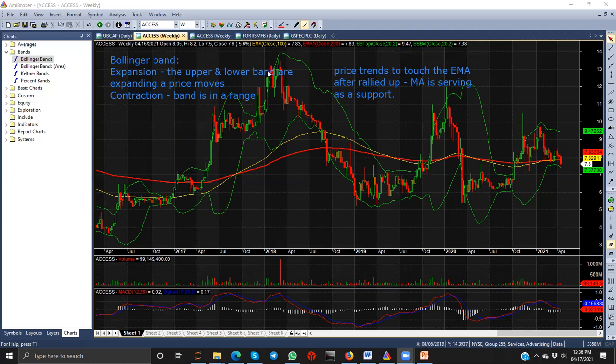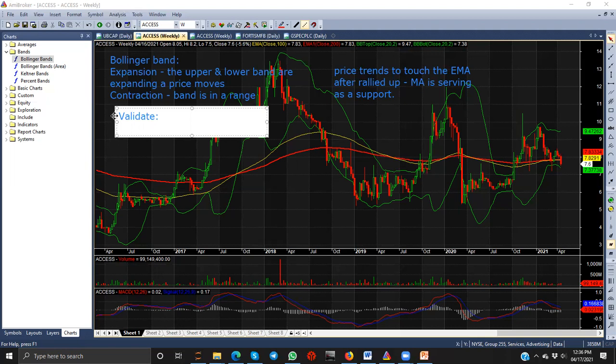Now, what other things validate your points? To validate it, first you need the price to be at the lower contracting band. Second, you also need to see price at the support level.